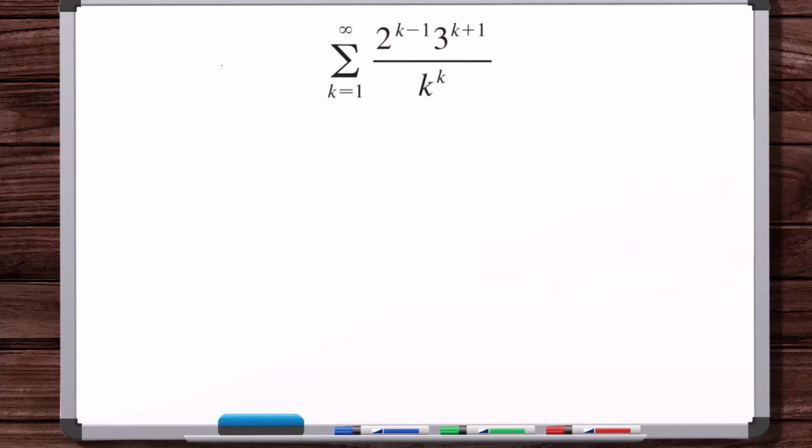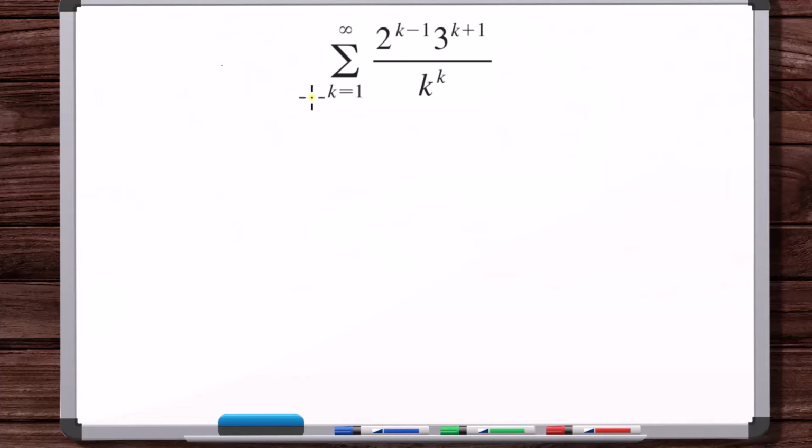Okay, so when you see products of power terms like 2 to the some n or 3 to the some n, even k to the k, as well as factorials, all being multiplied together, either products of power terms, just factorials, or a mixture, then you think about the ratio test.